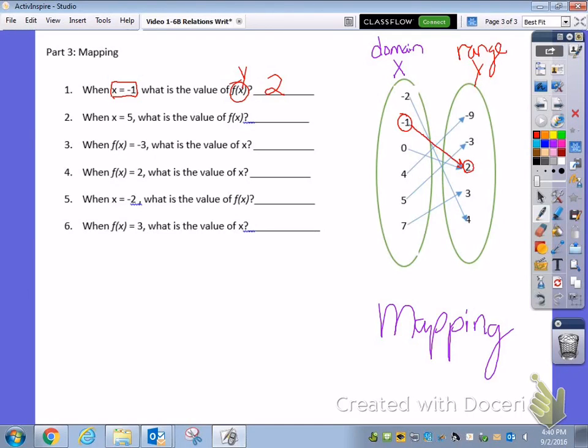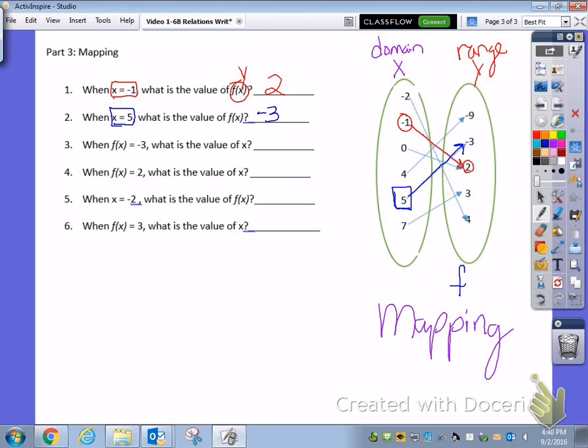We'll do this one, and I left 2 at the bottom for you to try. X equals 5. So when x equals 5, I go to the x column, which is my domain, look at the 5, follow the arrow, and it goes to negative 3. So when x equals 5, f of x, or y, equals negative 3.